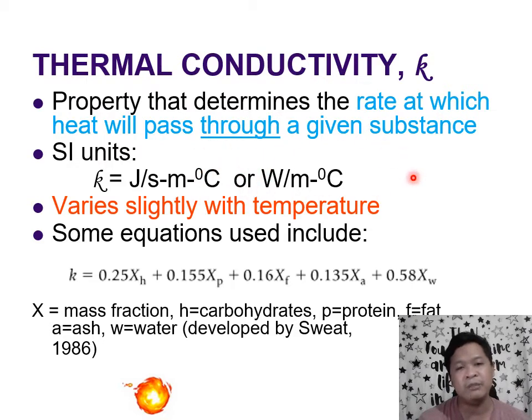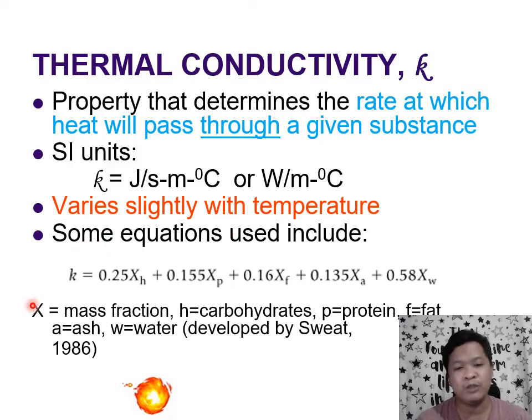So yun yung magde-determine ng thermal conductivity value mo. Therefore, in a sense, it's part of the system. Although intrinsic value yung conductivity ng material, we factor in both the thickness and the delta T in the equation. So it varies slightly with temperature. Again, in general, though, we use one value for thermal conductivity over a wide range of temperatures.